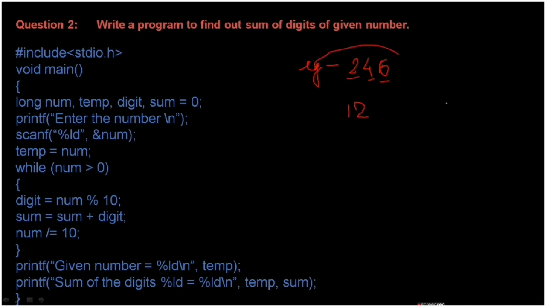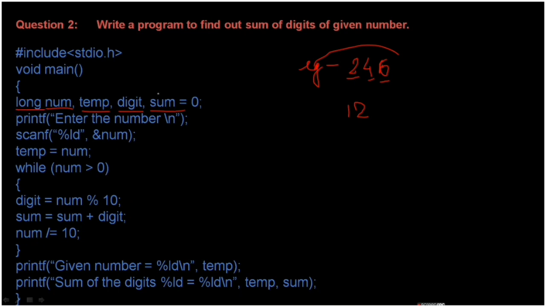So we need to write the logic for this. How will we write it? Just see here. We include stdio.h and void main, we all know. We are declaring 4 variables num, temp, digit and sum, and all are of data type long.